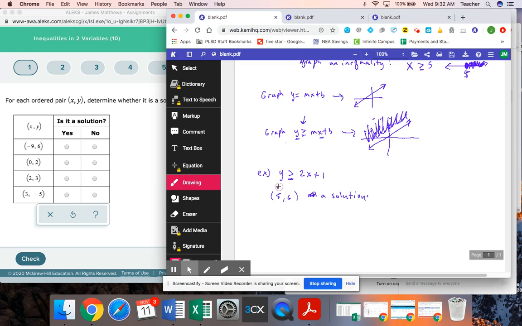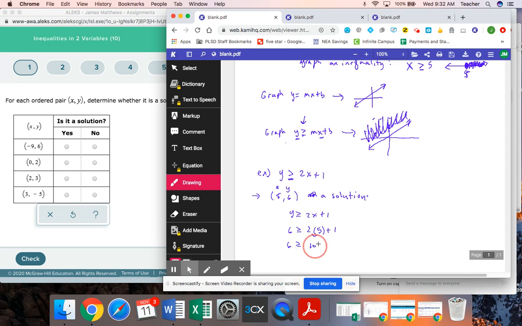That means since I have an x and a y value, let me plug it in and see if it's true. If it's true, then yes, this is in the solution. So if I have y greater than or equal to 2x plus 1, and my y value is 6, my x value is 5, I'm just going to see if this is true. So I have my 6, not doing anything to that.